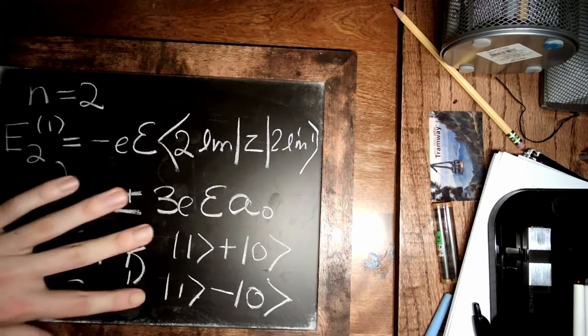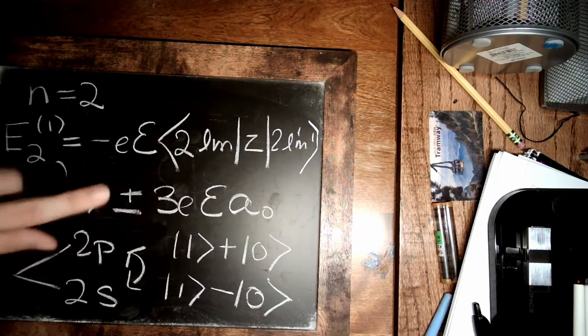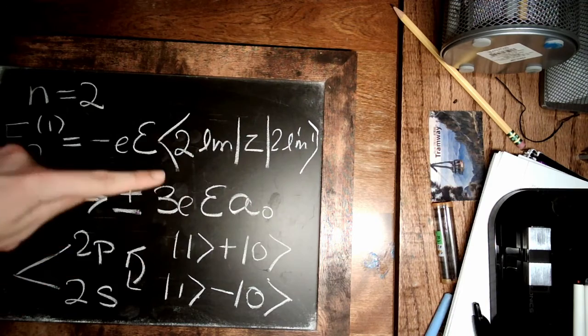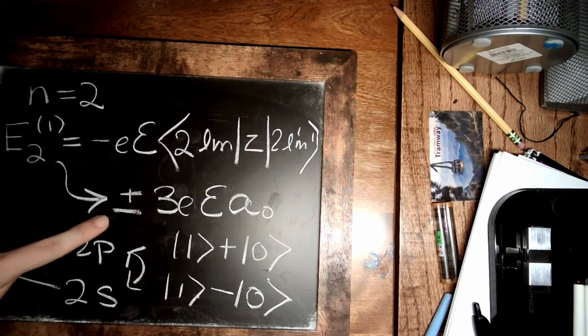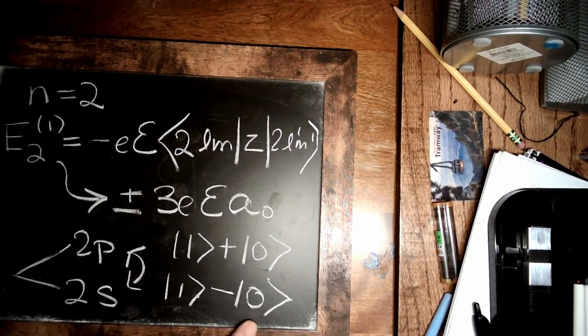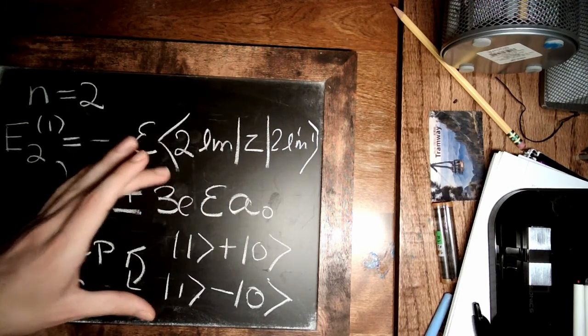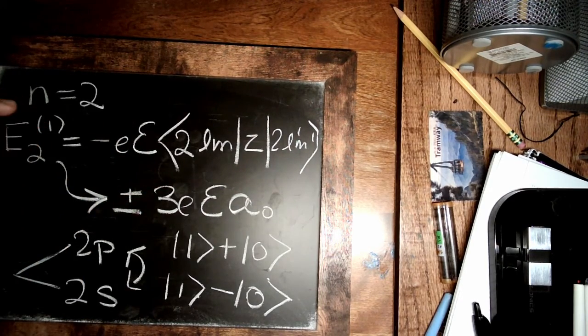Those end up being the two eigenvectors, with the higher energy corresponding to the positive and the lower energy corresponding to the negative. So these are the corrections to the first excited state to first order.